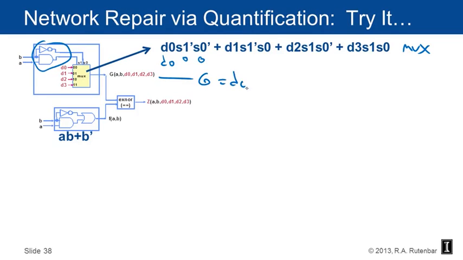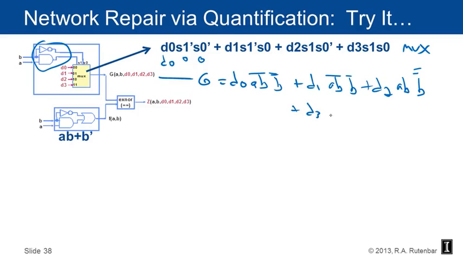what I get is D0 A B bar B bar bar, plus D1 A B bar B with a bar, plus D2 A B B with 2 bars, plus D3 A B B bar.